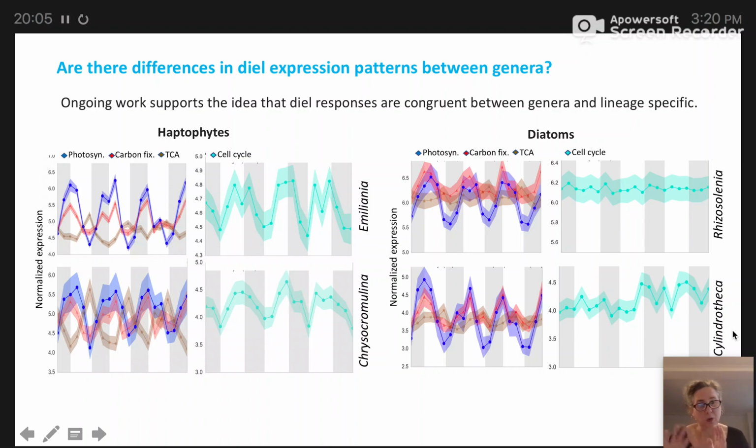So once you get away from photosynthesis, there are differences between lineages, but those differences really don't seem to occur between different genera, at least at this juncture in the analysis. So you can envision that there may be temporal niche partitioning between haptophytes like E. hux and its diatom neighbors within the community, and that this data supports that hypothesis.